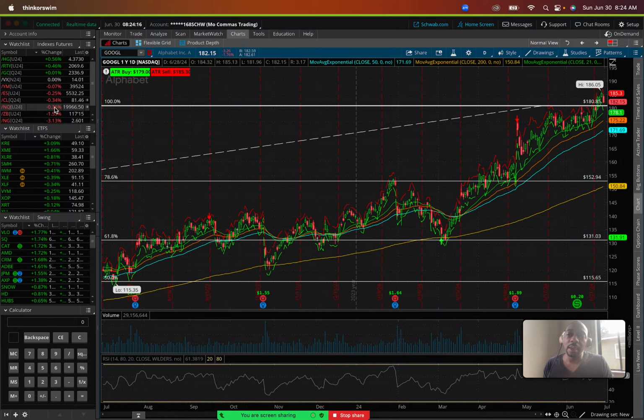So if everything is red that day, hypothetically speaking, and the NASDAQ is the weakest, I'm probably going to be looking to short things that day, specifically for day trades. We're not talking about longer swings or longer investments. But specifically for that day, I'm probably going to be looking to short the weakest index.